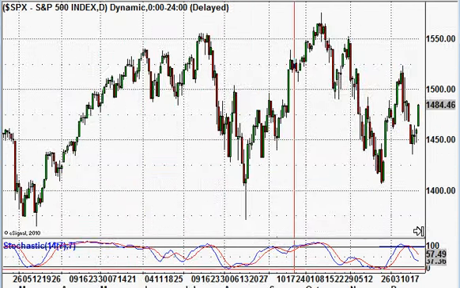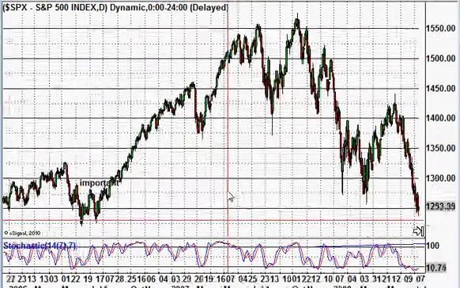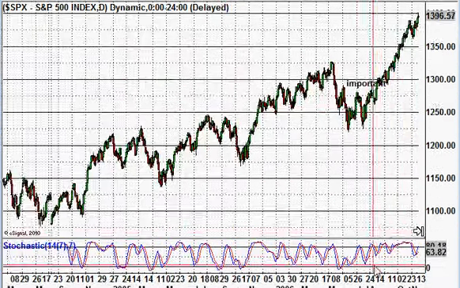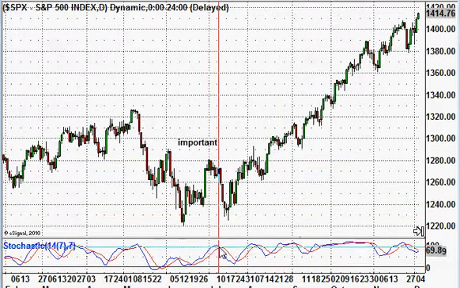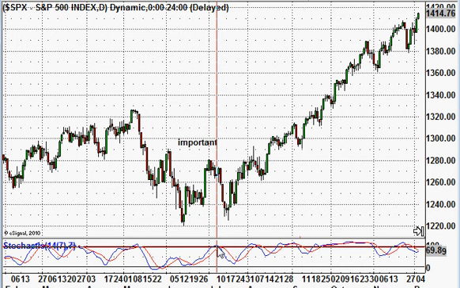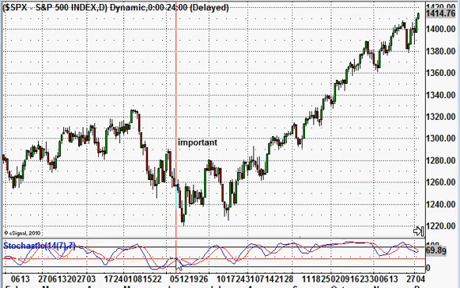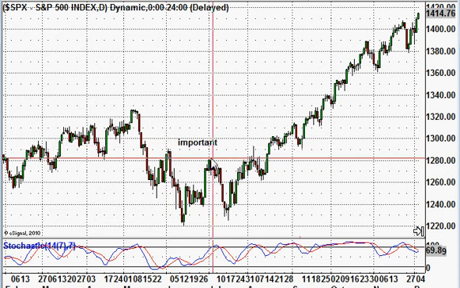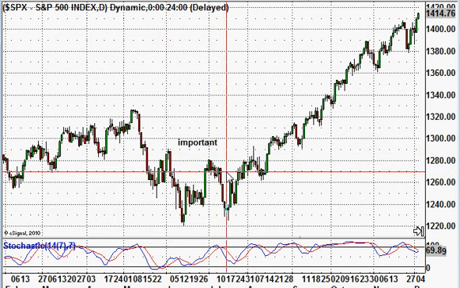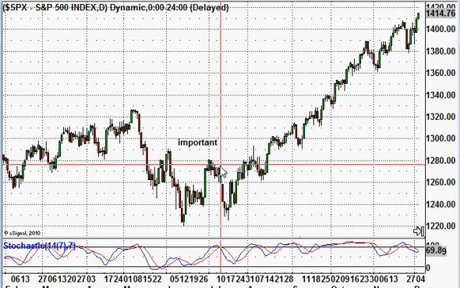Or cases, and this one is important also. You see, this stochastic is higher than this one in here, and the price is not higher, it is lower, so the price goes down.